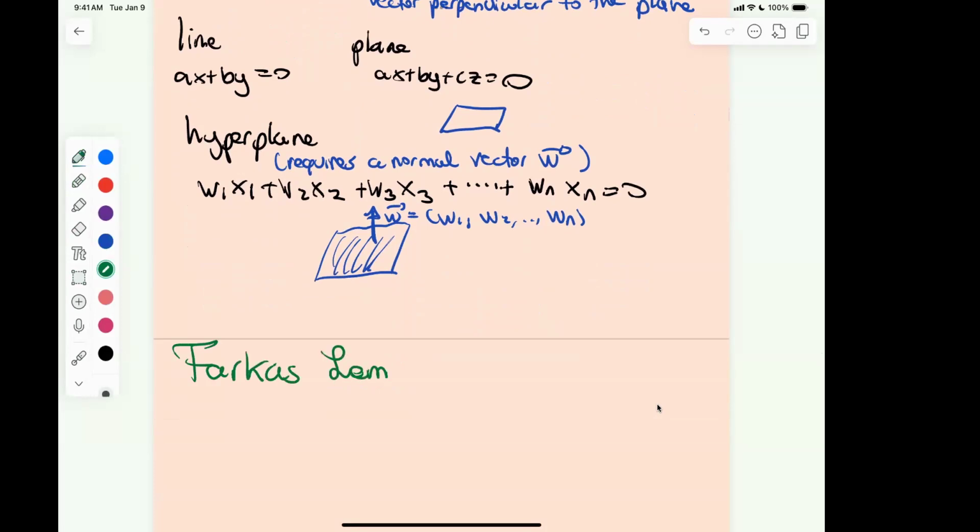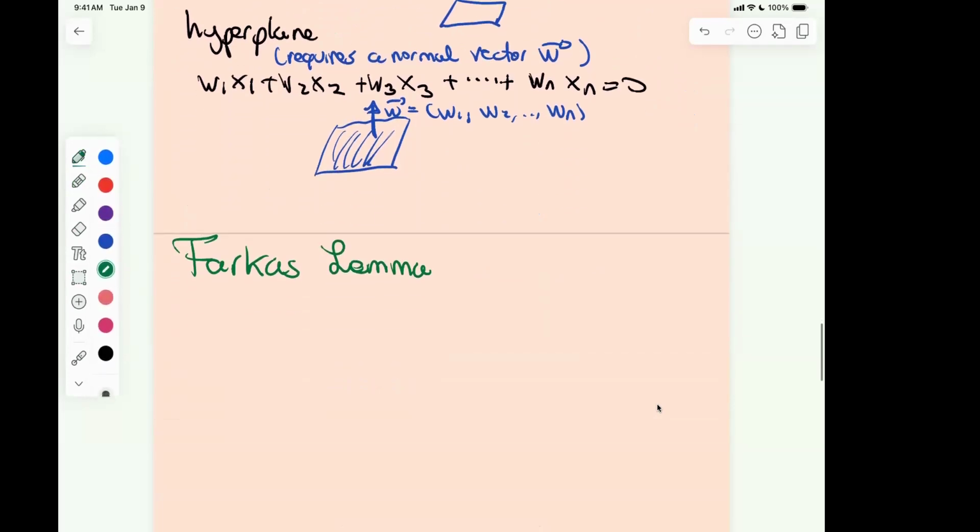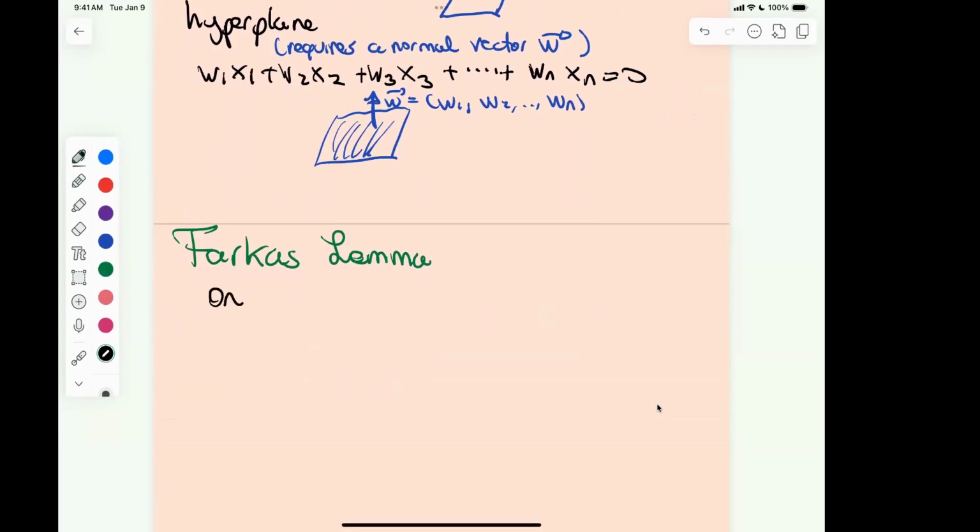Next time we'll see why this is a useful lemma. It's not super clear at the moment, but it's actually very convenient. So one of the following options can occur.